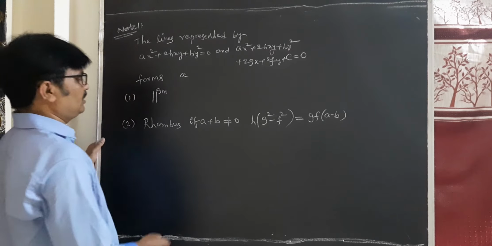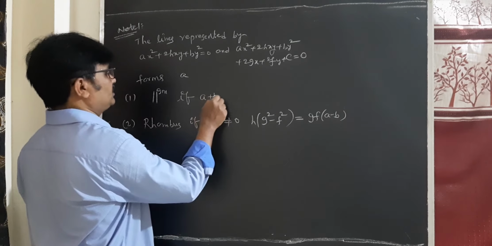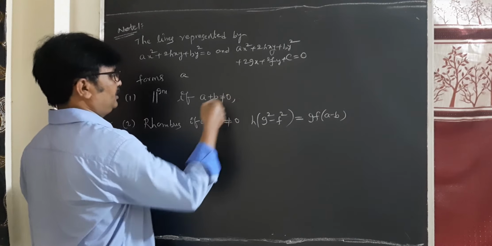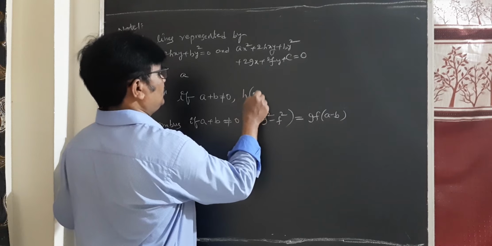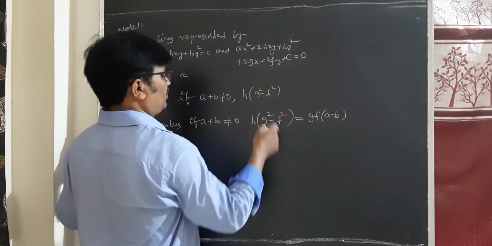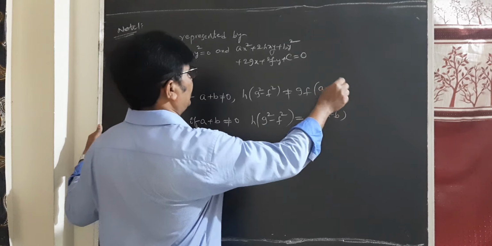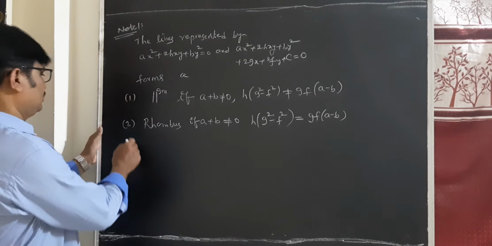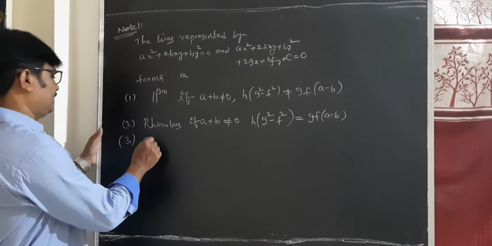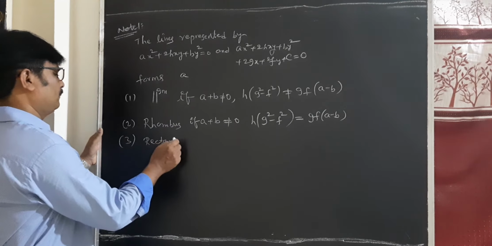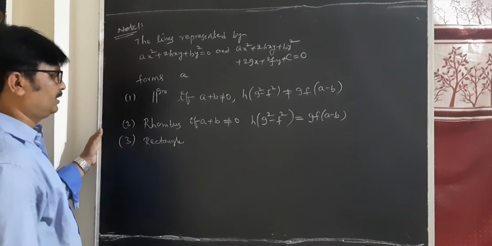Suppose it represents a parallelogram. Dear students, the angle between the adjacent sides is not equal to 90. That means A plus B is not equal to 0, and another one, H into G square minus F square is not equal to GF into A minus B. So now the third one, students, is to form a rectangle.